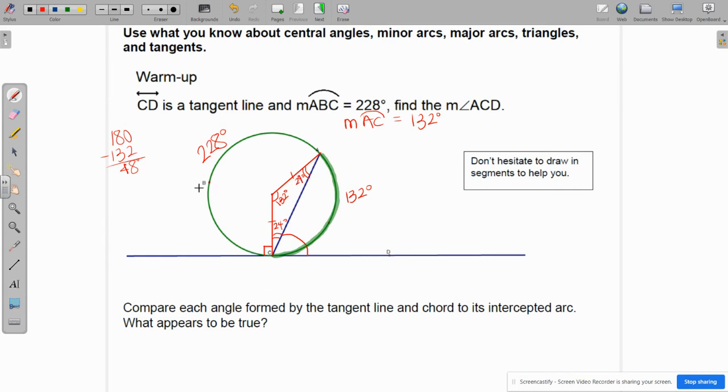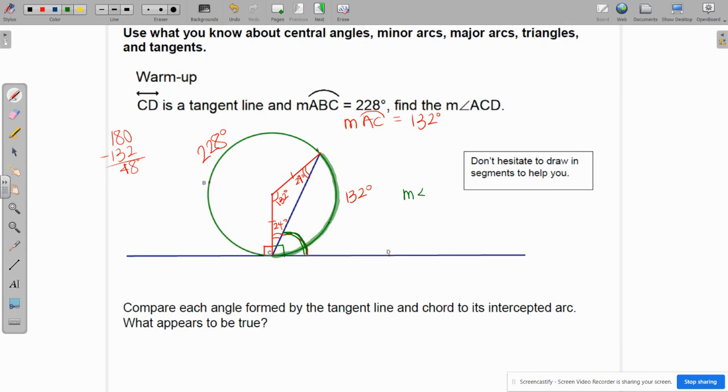And finally, this helps us to find this last angle, which is what we're looking for right here, angle ACD, because I know that this angle from the radius to the tangent is a total of 90 degrees because it's a right angle.